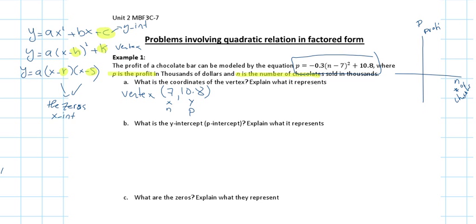So, when 7,000 chocolate bars are sold, what's your profit?